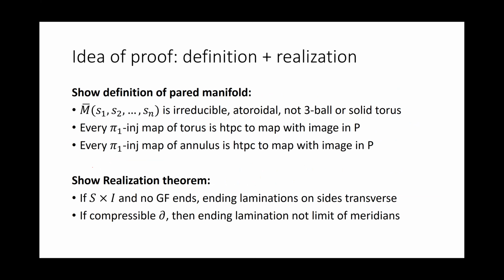And the proof actually ends up being really similar to the proof in the finite volume case. We need to show the definition of a paired manifold, so we need to show this is a paired manifold, and then we just need to show these other two conditions for the realization theorem. So it needs to be irreducible, meaning that there are no essential spheres. It needs to be atoroidal, no essential tori. It can't be a solid torus.